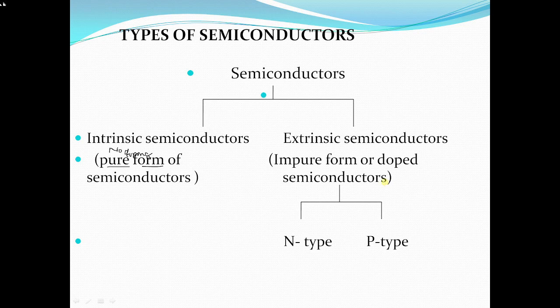If I add impurities to an intrinsic semiconductor, then it becomes an extrinsic semiconductor. Depending on the doped material, these extrinsic semiconductors are again divided into 2 types: N-type and P-type.